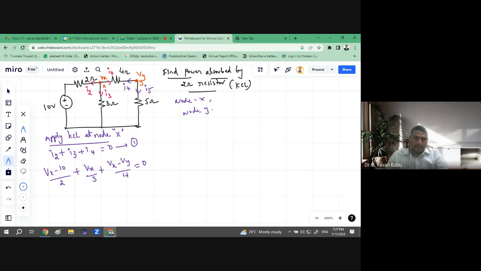Let me rewrite this equation: Vx into (1 by 2 plus 1 by 3 plus 1 by 4), minus 1 by 4 into Vy, equal to 5. Based on this equation, let me find Vx.